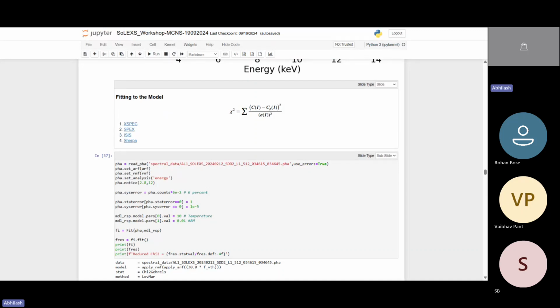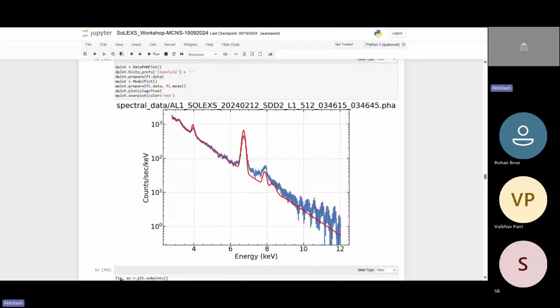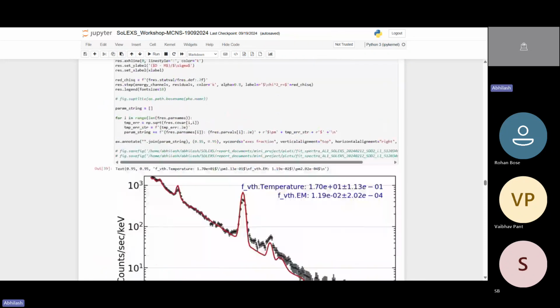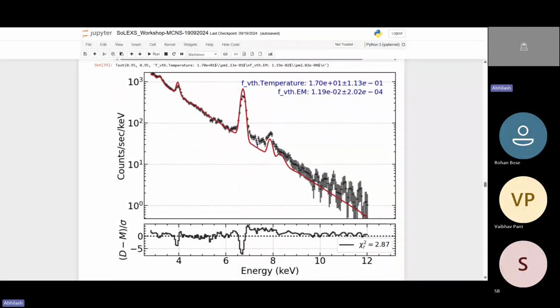What I'm currently showing is Sherpa, but what we'll be using for the project work is XSpec. So tomorrow we'll be using XSpec. Let me just skip this, and this is what the fit looks like, with a chi-square of around 2.87.